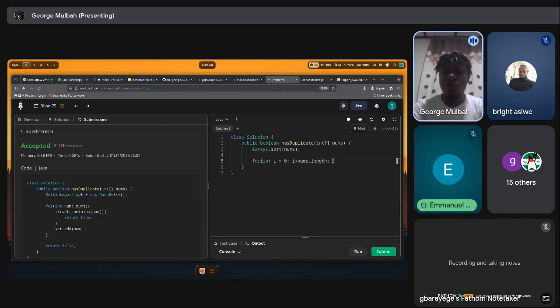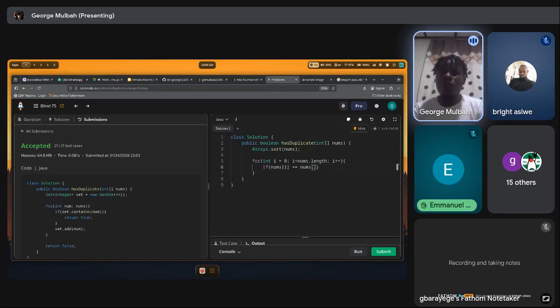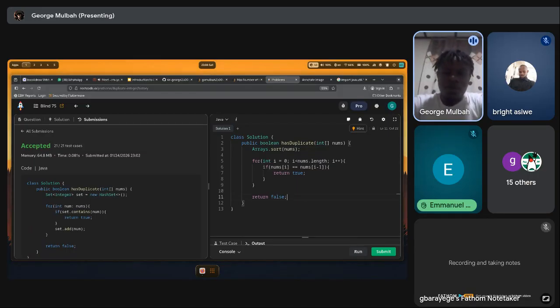Now, I don't know why it's being held, but this is what is working. So we sort the array and then we compare the numbers at each position. I will have to look into why LeetCode is not holding that solution.